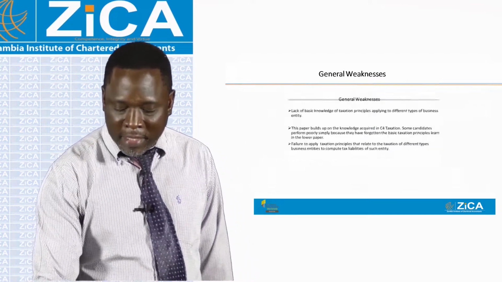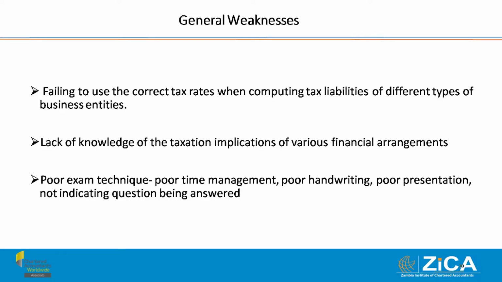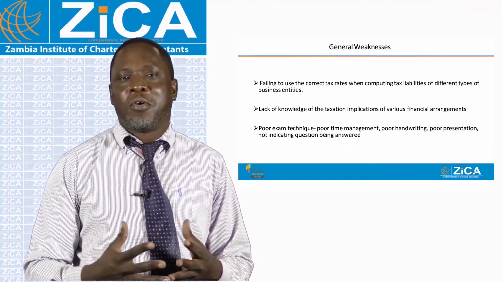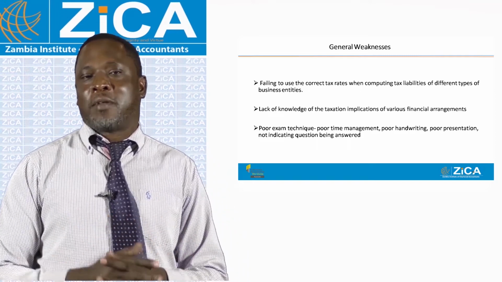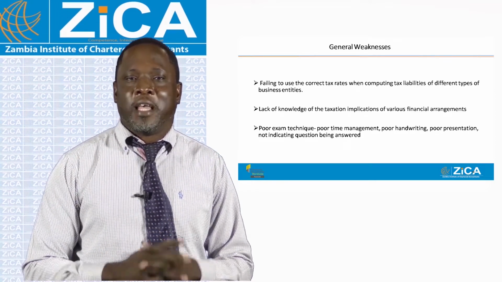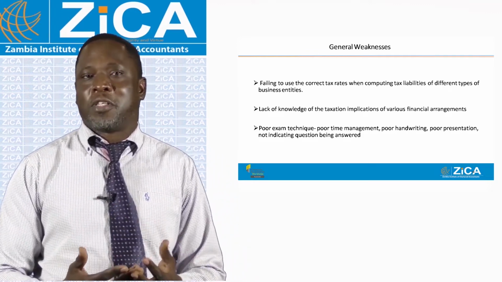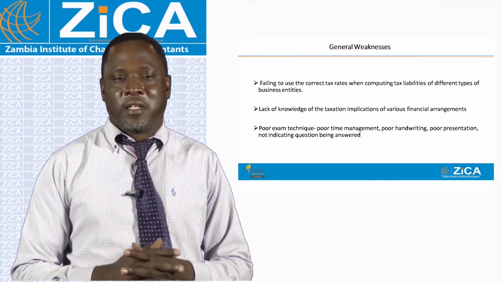Another weakness is that students normally fail to apply taxation principles that relate to the taxation of different types of businesses. Candidates also use wrong tax rates when computing tax liabilities for different types of taxpayers. So, for example, you'll find that a student, when dealing with an individual, will be using a company income tax rate of 35% instead of applying the graduated tax rates which we normally use to tax individuals.